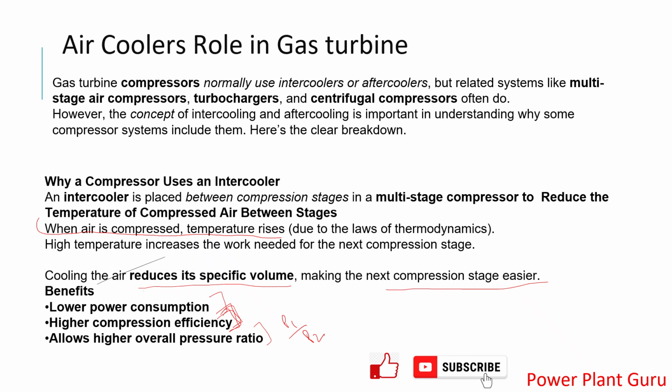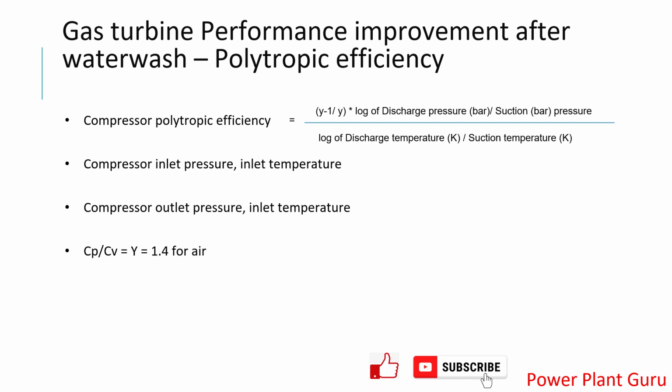In the next slide, let's see how you can understand this with the help of a formula. If you want to calculate the polytropic efficiency of a gas turbine or any compressor, this is the formula: gamma minus 1 over gamma, times the log of discharge pressure by suction pressure, divided by the logarithm of discharge temperature by inlet temperature.